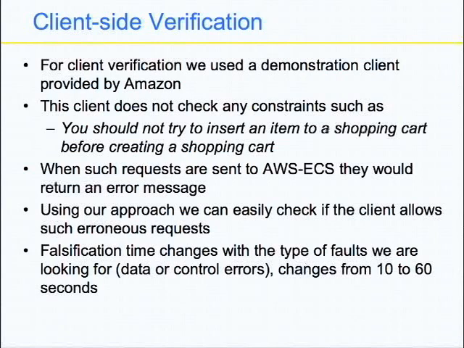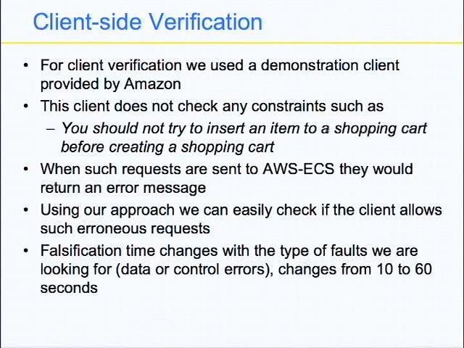This client doesn't do any checking on the requests that are sent to Amazon; it's just for demonstration. If you implement this client, you may send weird requests to Amazon and get some error message, some XML report saying this doesn't make sense, something is null, or whatever.